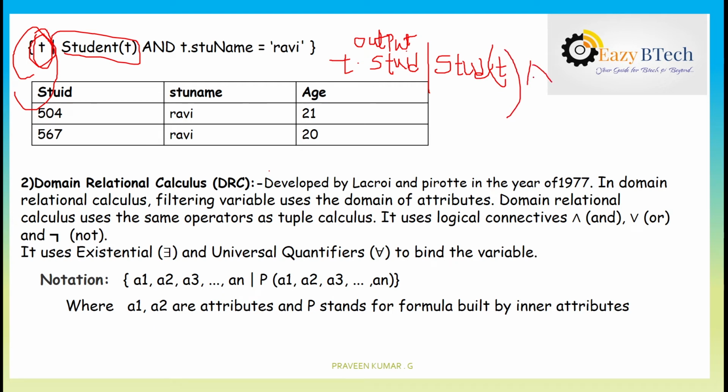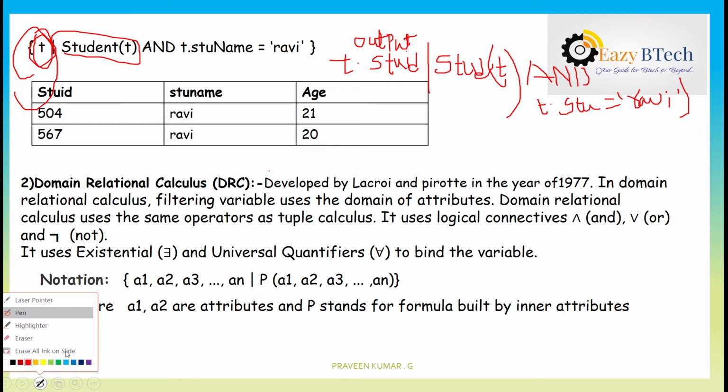And if you want to write a condition, we can write the condition: T dot student name equal Ravi. We write it like this. Then what is the output? In the earlier example, we printed the total table matching the specific condition. Here I wanted to print only the student ID.